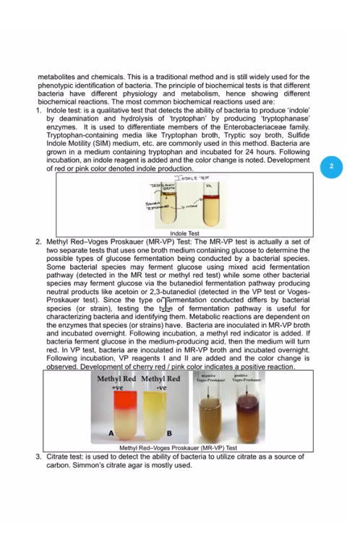The other type of test is the methyl red Voges-Proskauer test. The MRVP test is used to differentiate between the types of bacteria that utilize or hydrolyze glucose either aerobically or anaerobically.